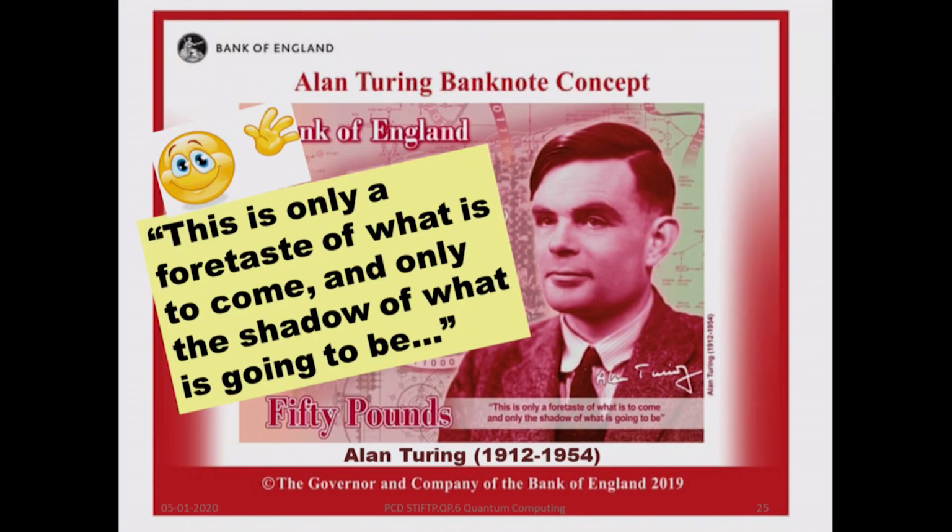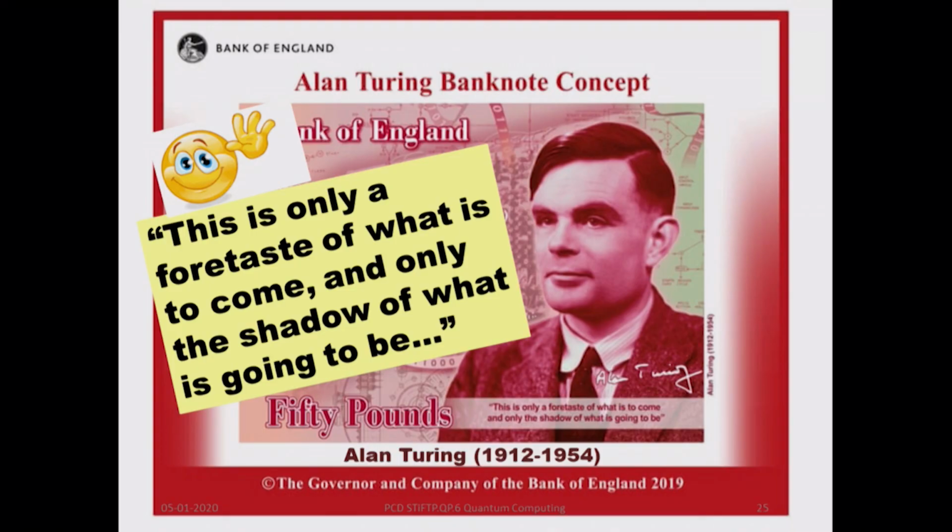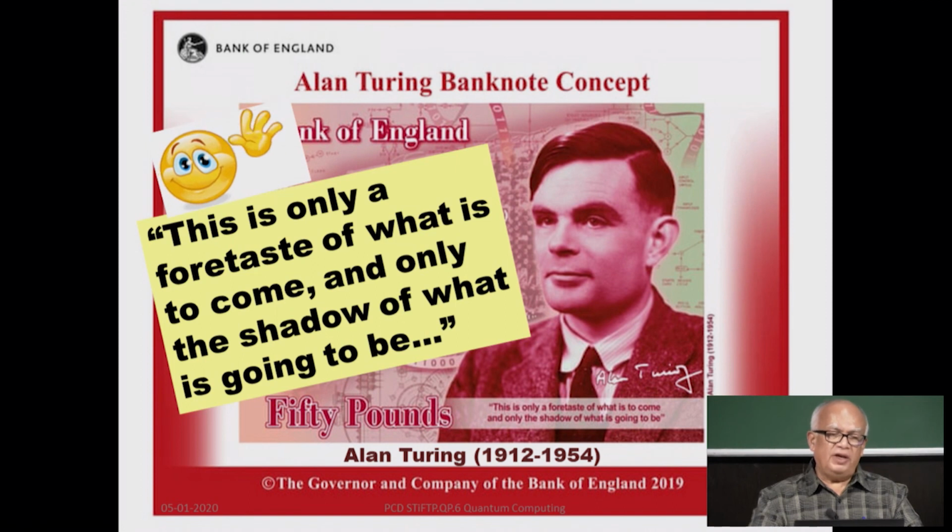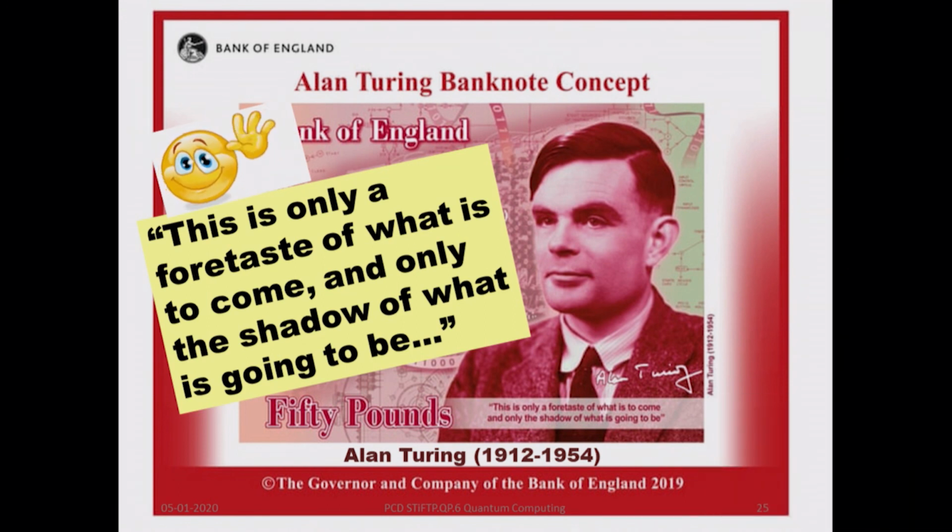It's too tragic that he had a very short life, but during that short life, what he contributed was incredible. And he even made a prophetic statement that this is only a foretaste of what is to come and only the shadow of what is going to be. So some of you might have read this quote attributed to Turing. It's a very famous one. So we will take it up from here in the next class.